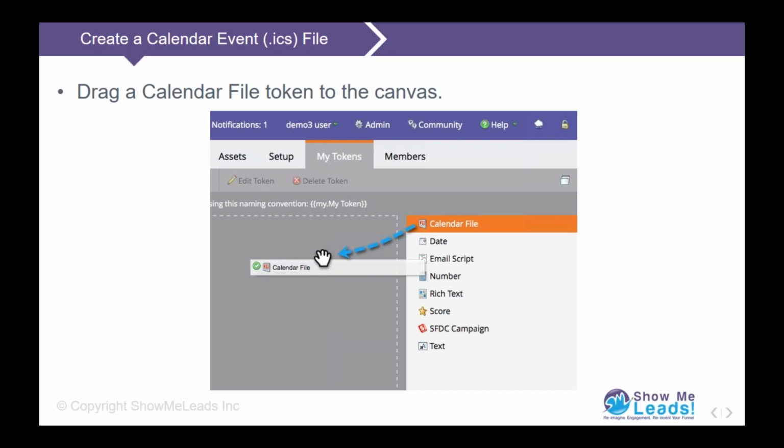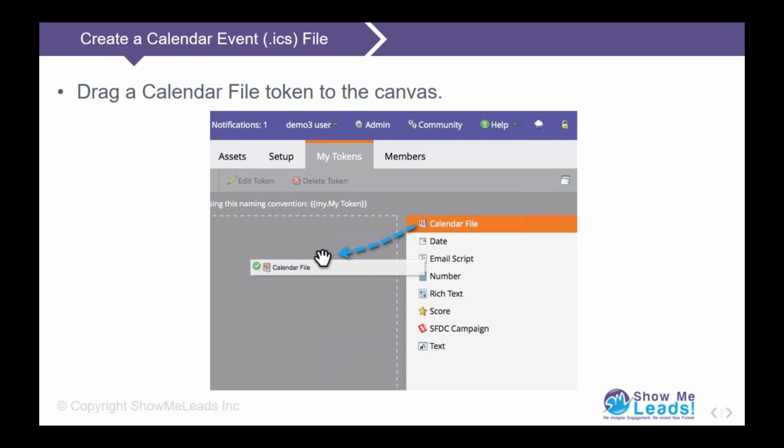And for those of you that don't know, an ICS file is a calendar file that for some email and calendar clients allows you to basically automatically create a calendar entry in your calendar for that date and time. It works on certain email clients. It doesn't on other email clients, but it's a really nice addition to have to your email.